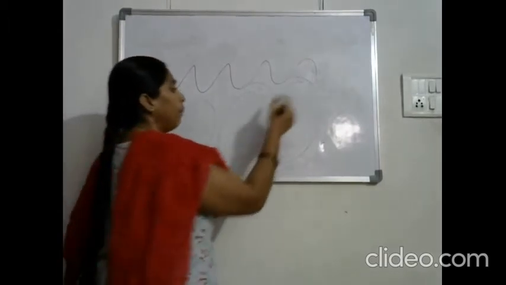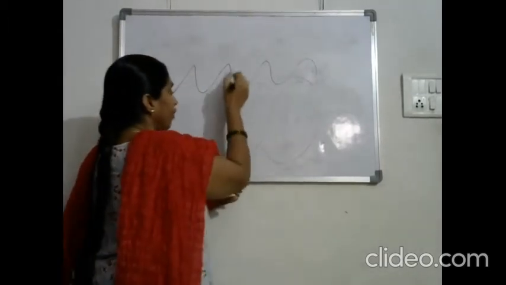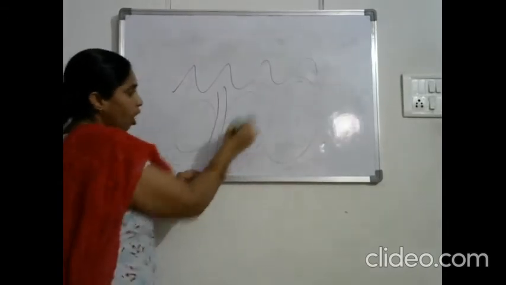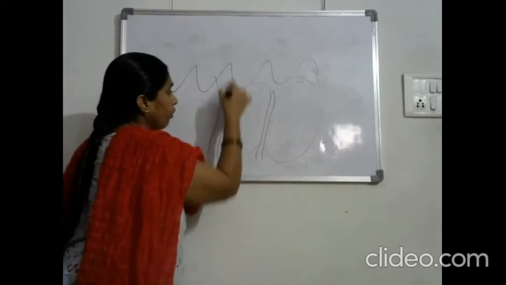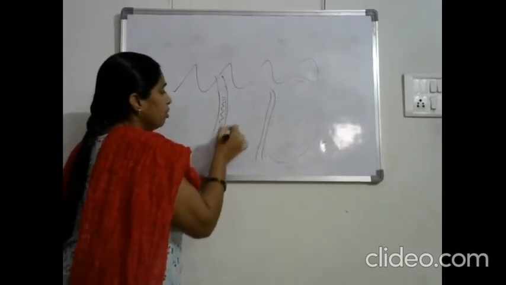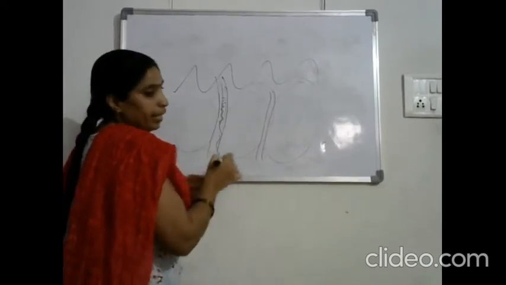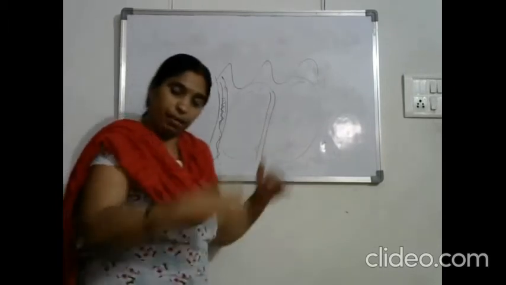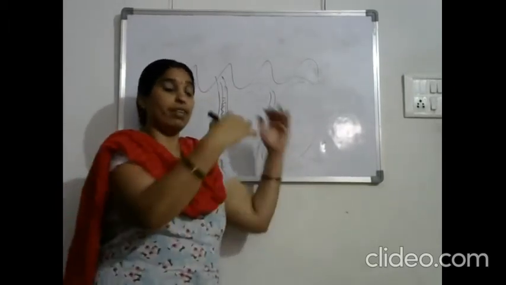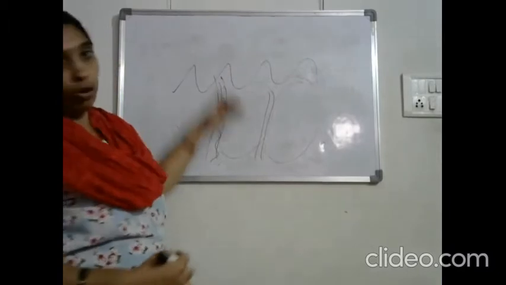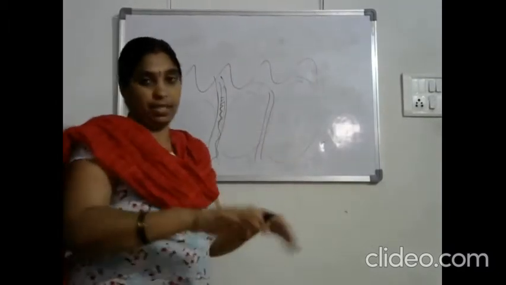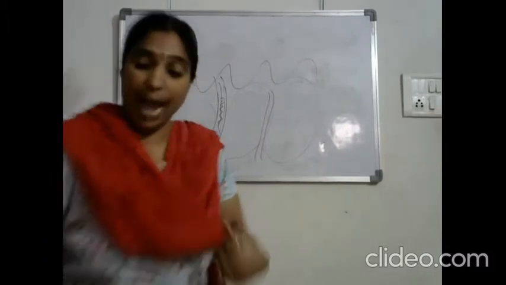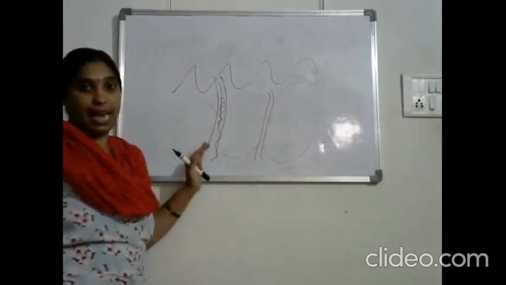The soil which is in the middle of the rocks and in the middle of the mountains will become loosened and start coming down from the mountains towards the plains.